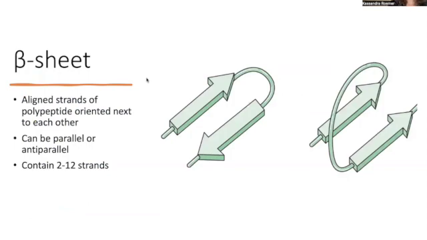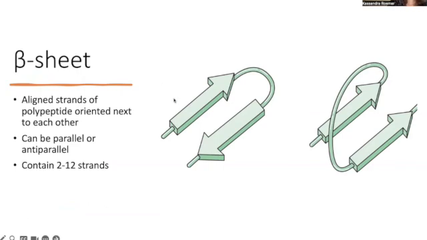Another secondary structure is the beta sheet, so aligned strands of polypeptides that are oriented next to each other. They can be running anti-parallel, like right here, or in parallel, and they can be arranged from 2 to up to 12 strands next to each other.